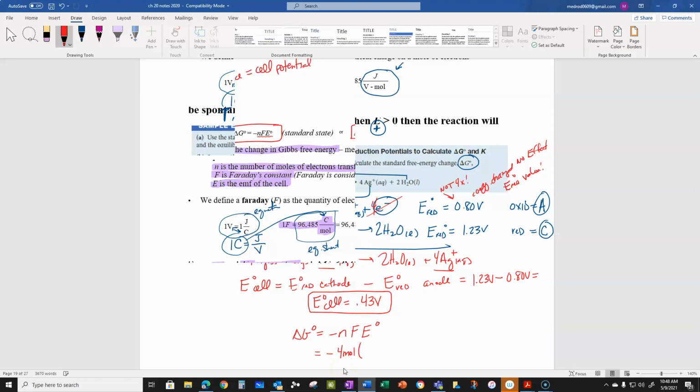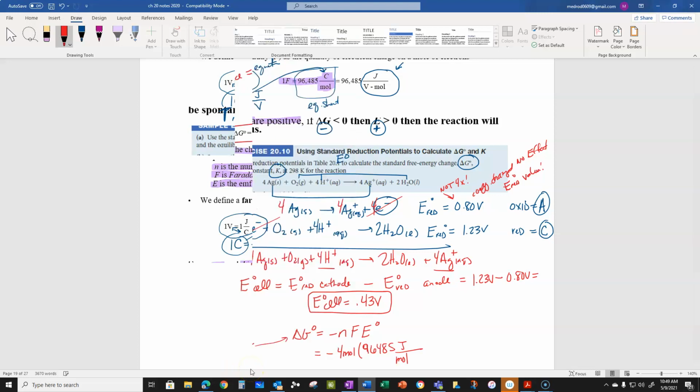I got my Faraday's constant, 96485. And remember, we need the joules per volt one, because in the end, I don't need moles for delta G. Remember, delta G usually has units of kilojoules per mole or just kilojoules.